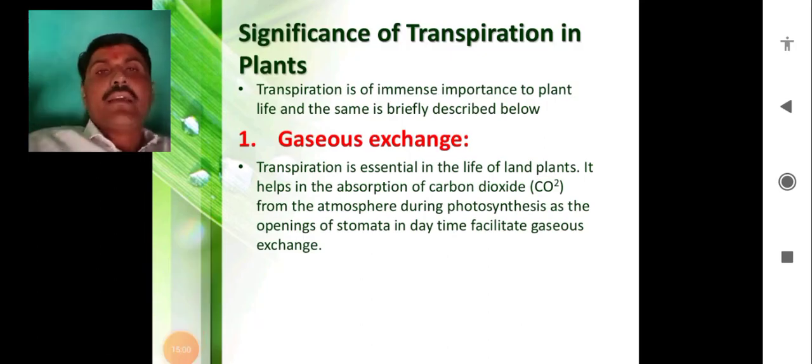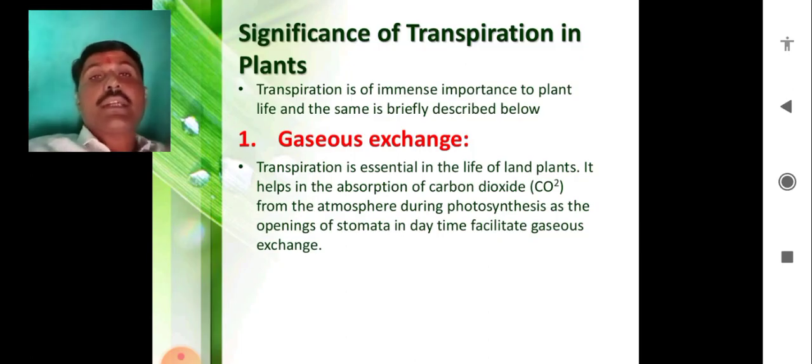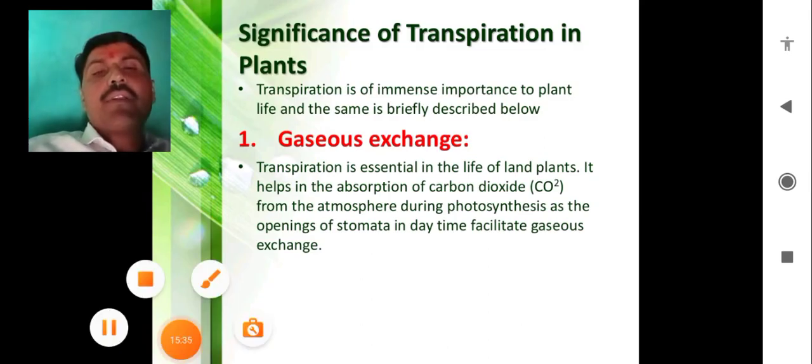Till then, I request all the students to revise all these lectures, take down these notes, and learn the concepts of transpiration, types of transpiration, the mechanism of transpiration, and the factors which affect the rate of transpiration. Please take down the notes and revise them. The rest we'll learn in our next video.